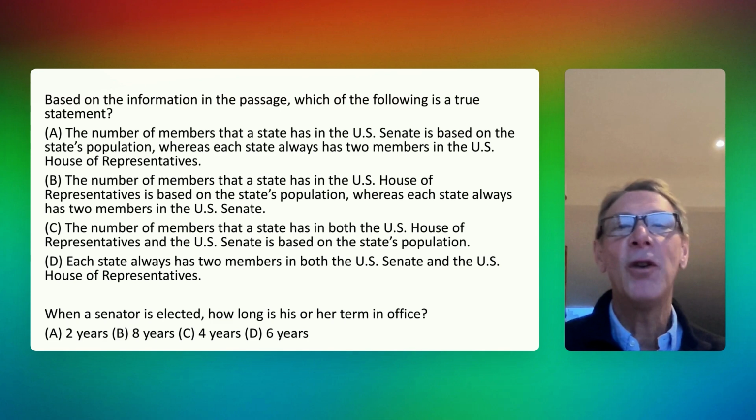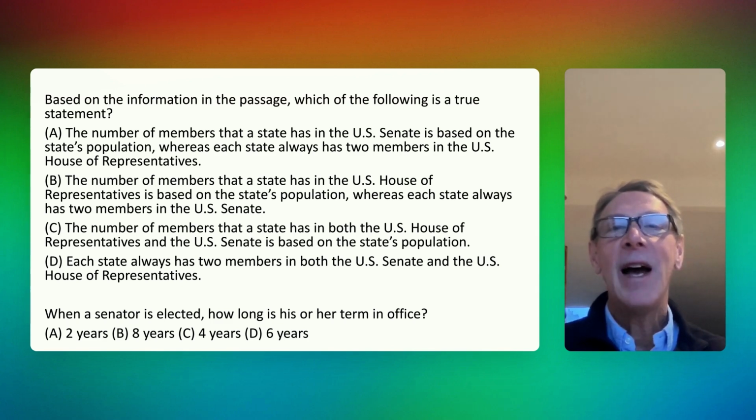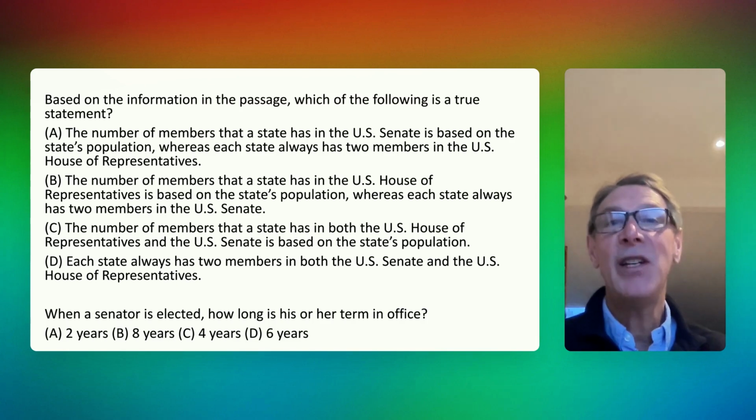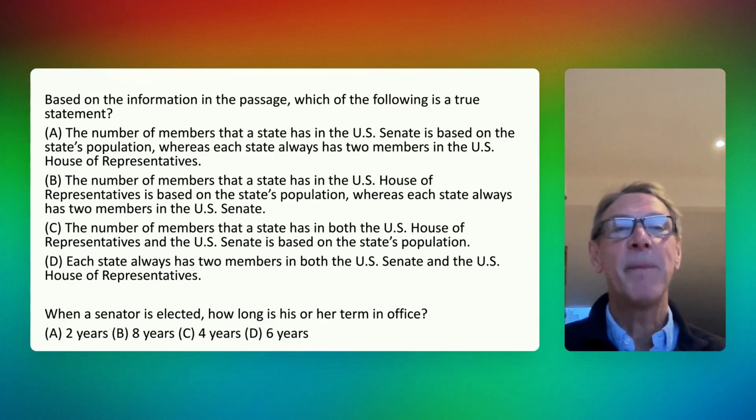Well, that's not true, because they've got the 2 houses the wrong way round. So US Senate should read US House of Representatives on line 1, and at the end of the sentence, US House of Representatives should read US Senate for that to be correct.